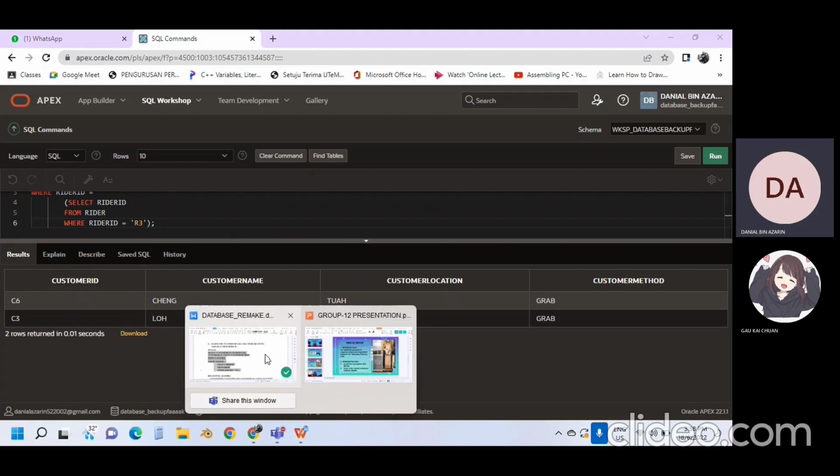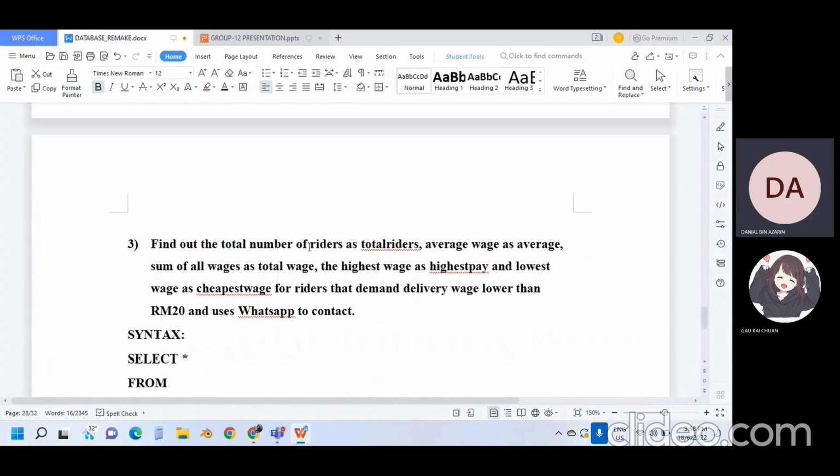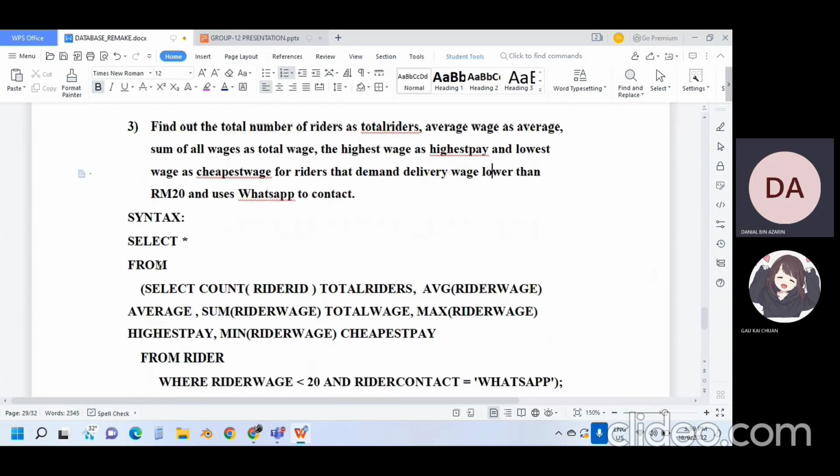Next we have to find out the total number of riders as total riders, average wage as average, sum of all wages as total wage, the highest wage as highest pay, and the lowest wage as cheapest wage for riders that demand delivery wage lower than 20 ringgit and use WhatsApp to contact.